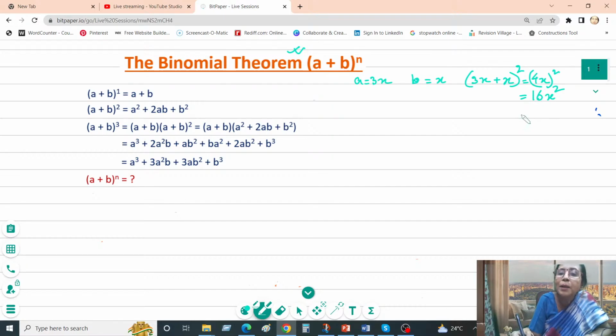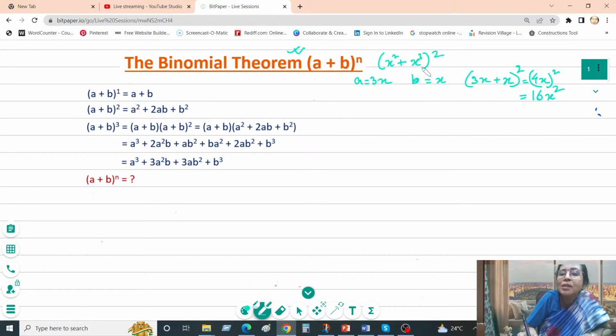But the problem arises when we have not the like terms but the unlike terms, dissimilar terms. They may have the same variable, they may have different variables. Like you may have, say, x square plus x cube, a is equal to x square and b is equal to x cube, to the power of 2.